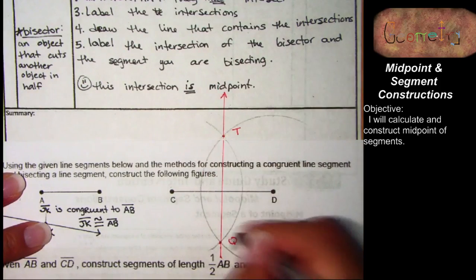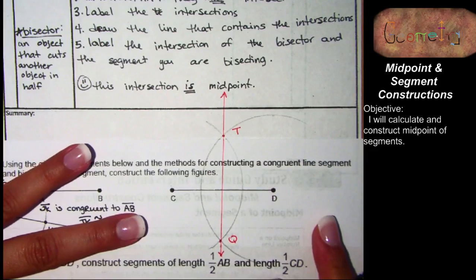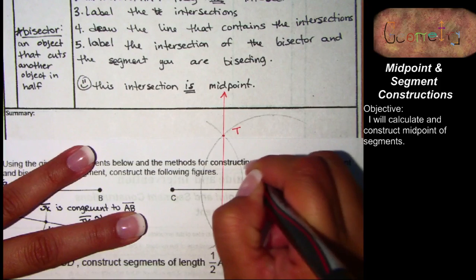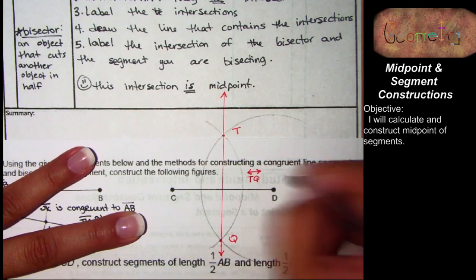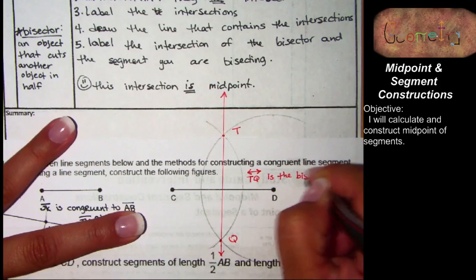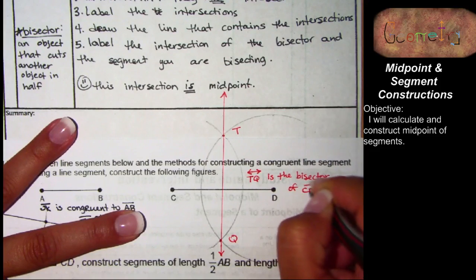This is a line. And so we can say that line TQ is the bisector of line segment CD.